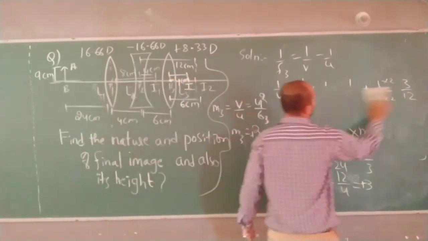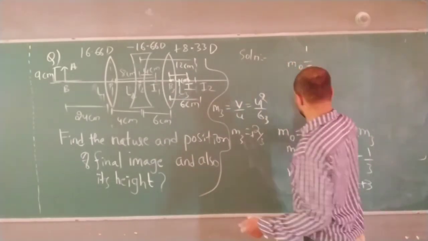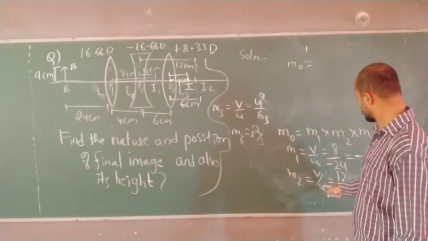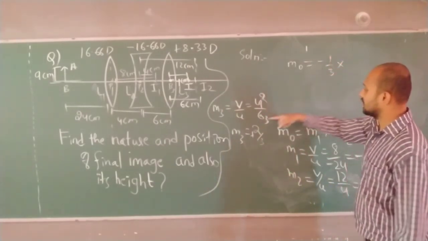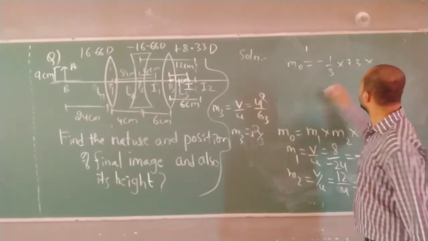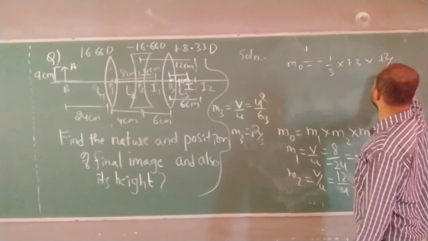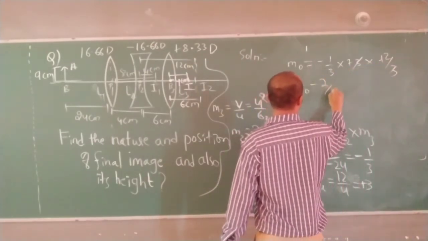The overall magnification M0 is equal to M1, which is minus 1 by 3, into plus 3 into plus 2 by 3. So the 3 gets cancelled. You are going to get M0 is equal to minus 2 by 3.